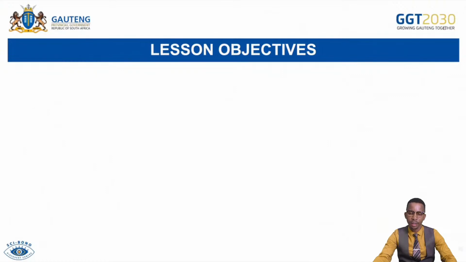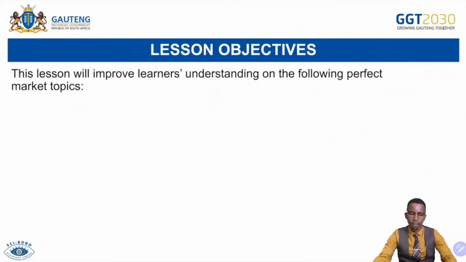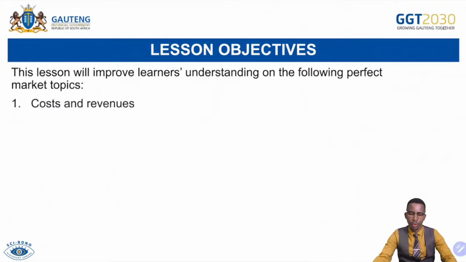These are the lesson objectives that will be achieved during the course of this lesson. So after this lesson, you as a candidate will be able to explain, calculate cost and revenues. You will be able to use the graph to explain profit maximization, even use the theory.